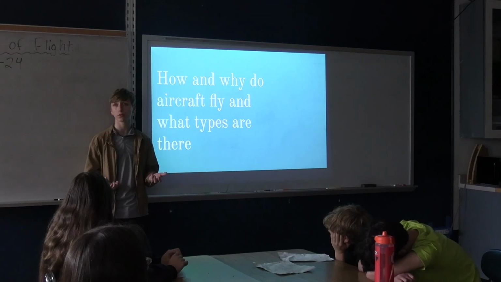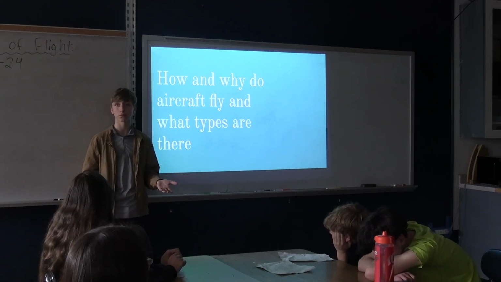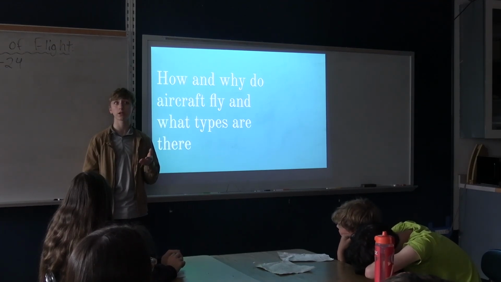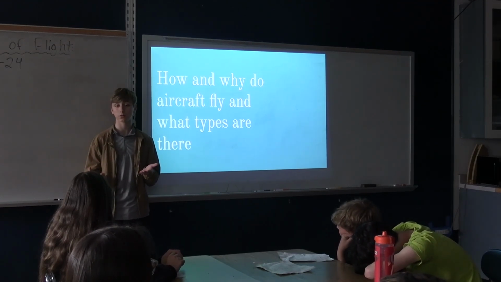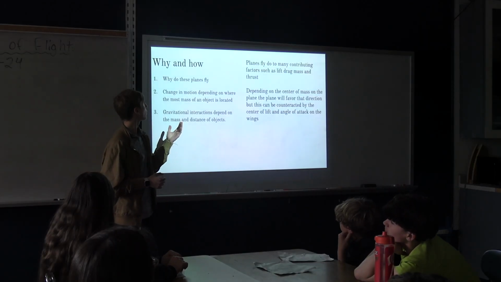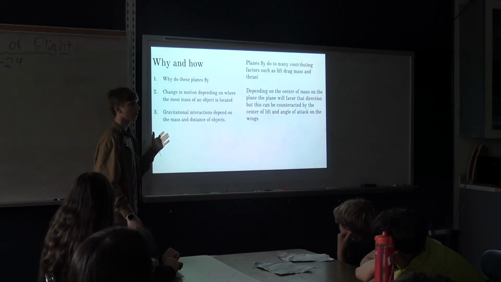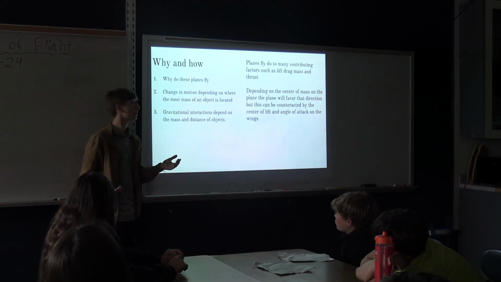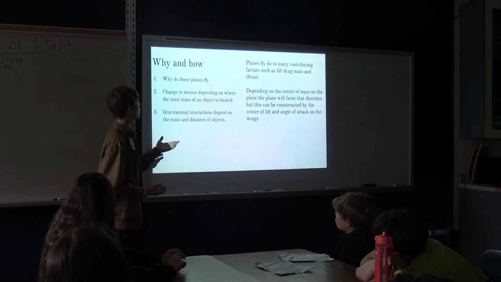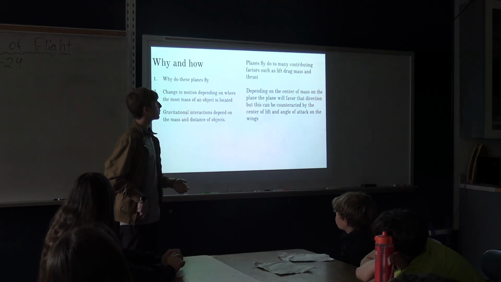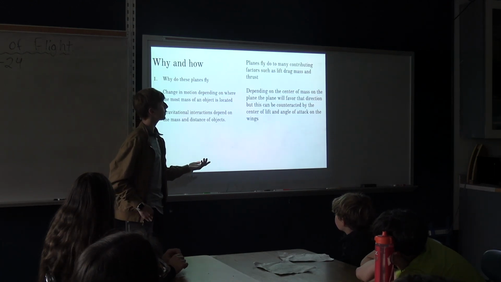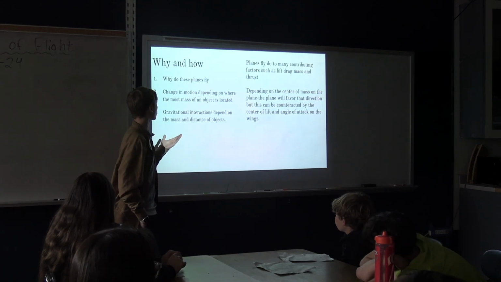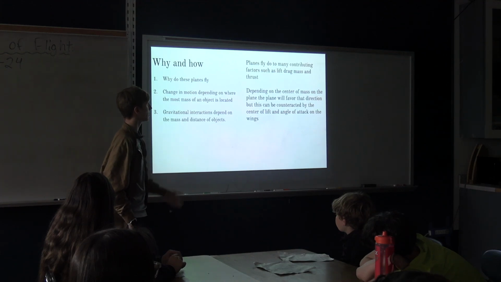All planes fly off the basic principle of lift versus thrust versus mass versus drag. Your thrust has to counteract your drag, and your lift has to counteract your mass. How and why? These are going to be your 3 questions that you will answer throughout the project if you decide to do so. How and why do planes fly? Planes fly due to many contributing factors such as lift, drag, mass, and thrust, with the change of motion depending on where the most drag is located on the plane.